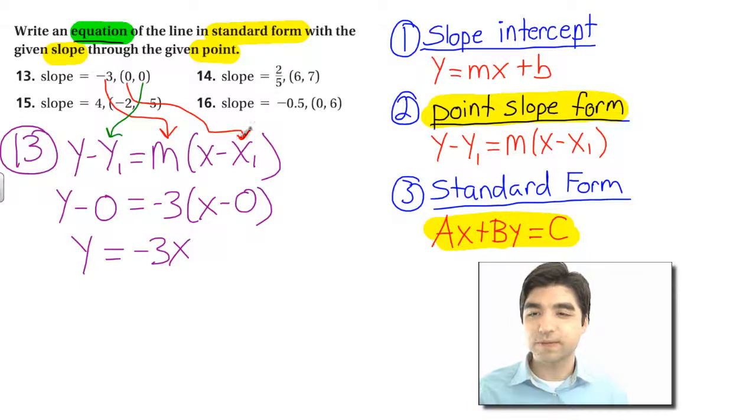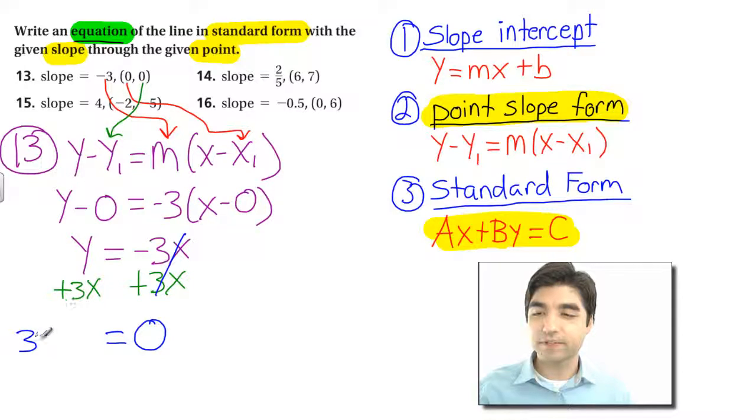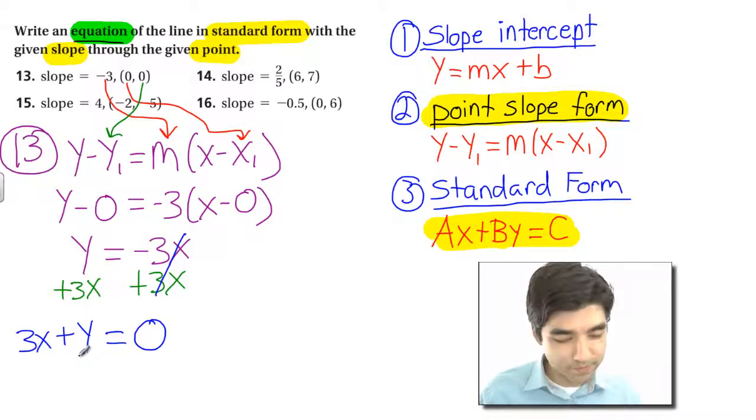So if we want to get x and y on the same side, then we need to add 3x to both sides so that we can cross it out on this side. So on the right hand side, we have nothing, right? We just have 0. On this side, we have a positive 3x and a plus y. So now that is in standard form, which is what they're looking for.